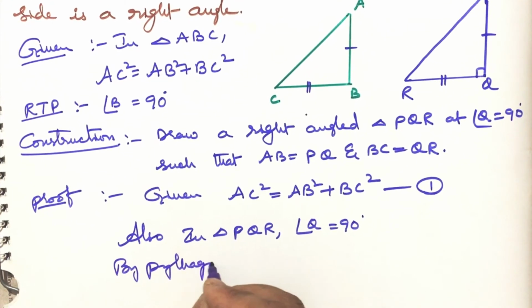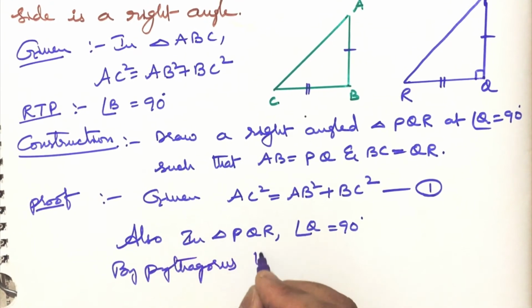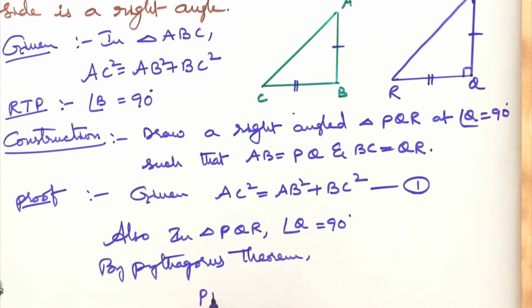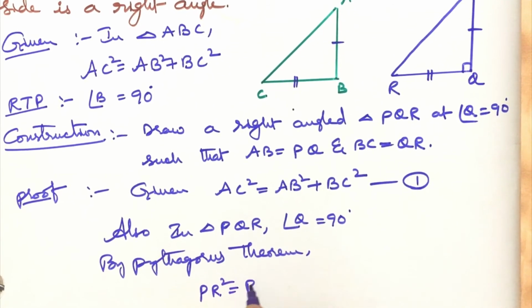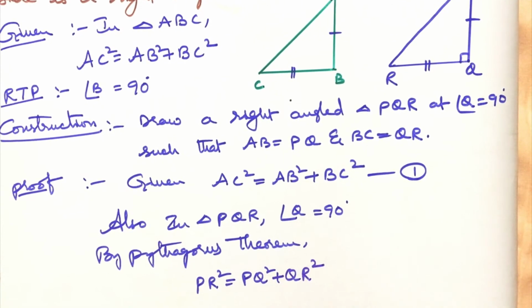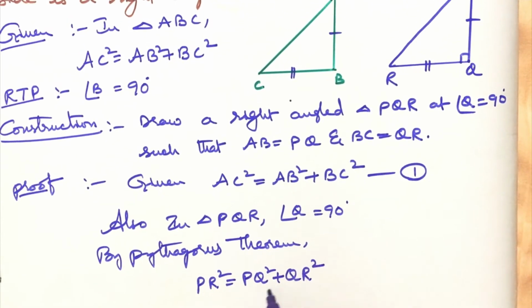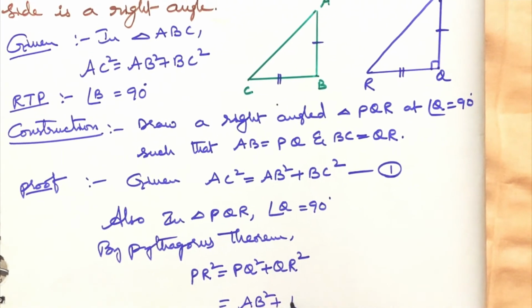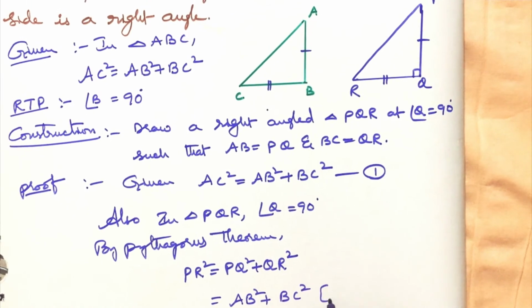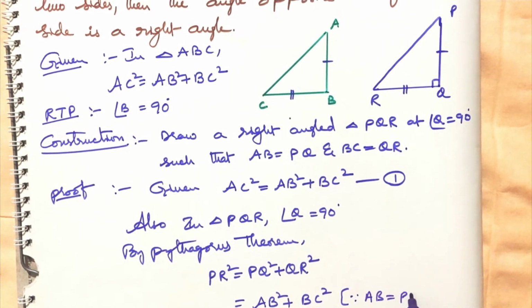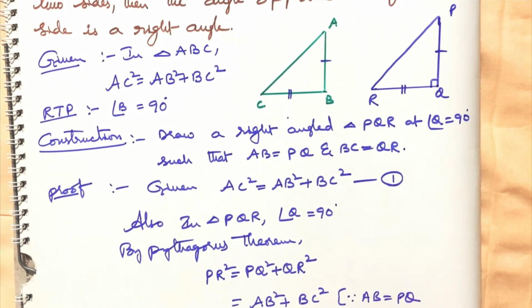By the Pythagoras theorem, you can write that PR square is equal to PQ square plus QR square. But according to construction, PQ is equal to AB and QR is equal to BC, so I am replacing them.